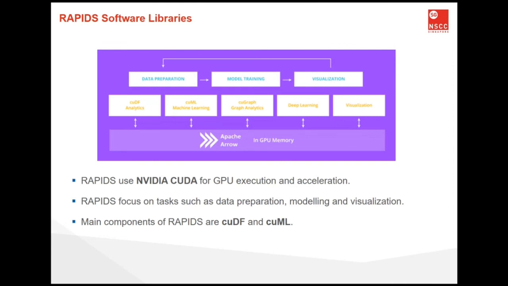RAPIDS uses NVIDIA CUDA for high-performance GPU execution, exposing that GPU parallelism and high memory bandwidth through user-friendly Python interfaces. RAPIDS focuses on common data preparation tasks for analytics and data science, offering a powerful and familiar data frame API.